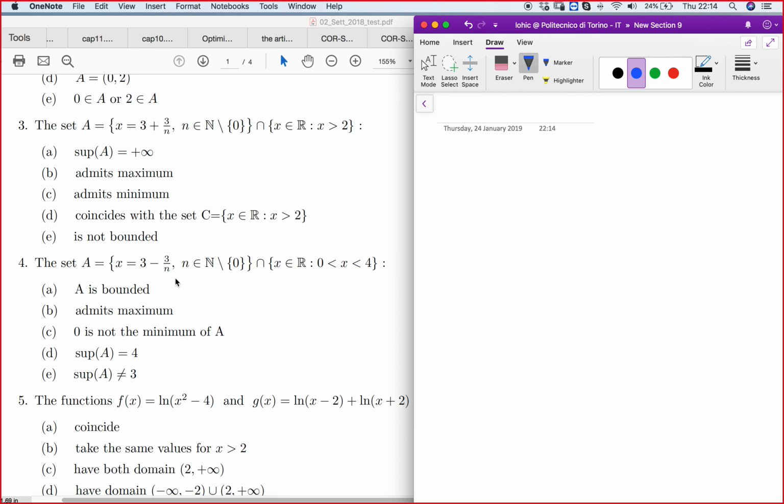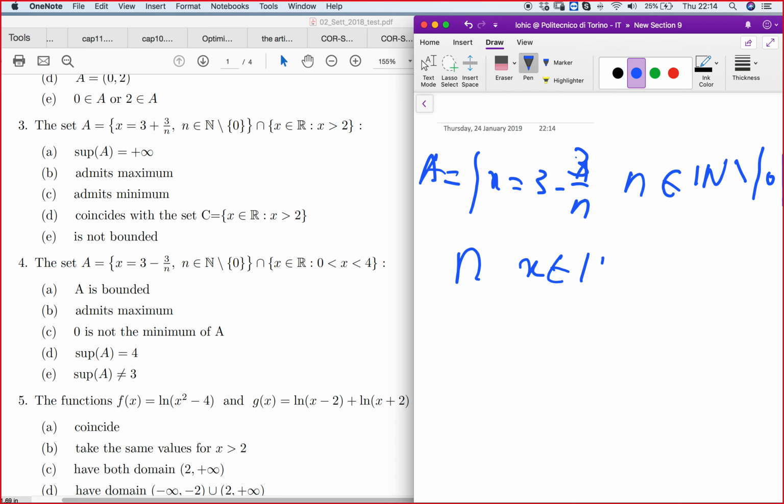You had given a set very similar to the one that we had before, so we still have A equal to the set of x equal to 3 minus 3 over n, with n belonging to capital N except 0, intersected with the condition x belonging to R such that 0 is strictly smaller than x strictly smaller than 4.